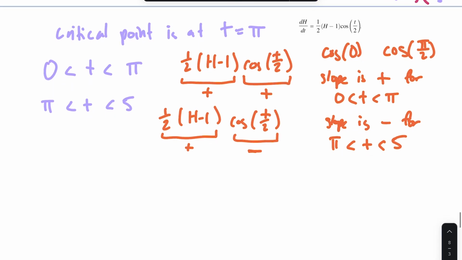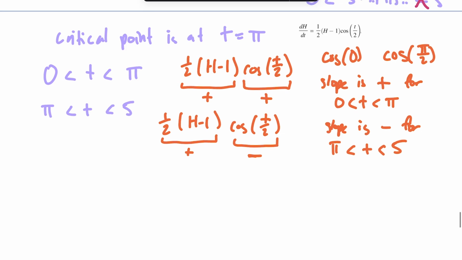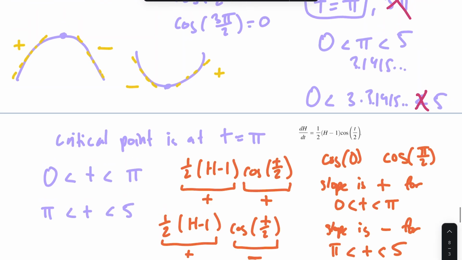We found out that on the left side of our critical point, the slope is positive, and then on the right side of our critical point, our slope is negative. So which of these two cases does that match, if it does match one? It looks like it matches this case, where we're approaching that critical point with a positive slope, and then after we hit the critical point, it's a negative slope.